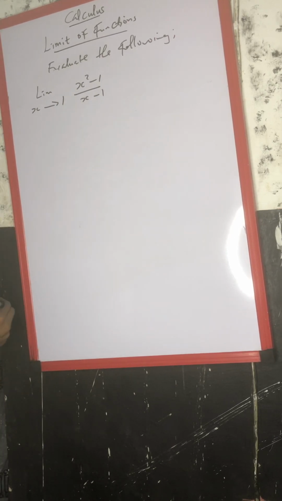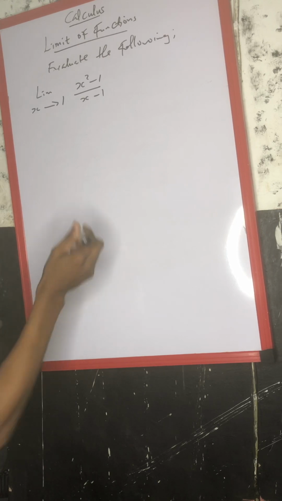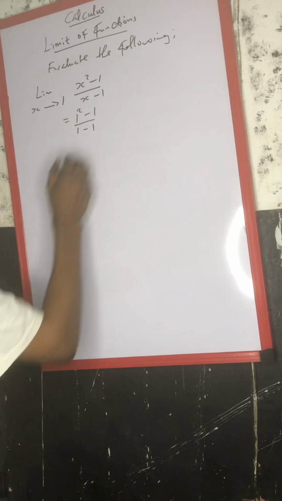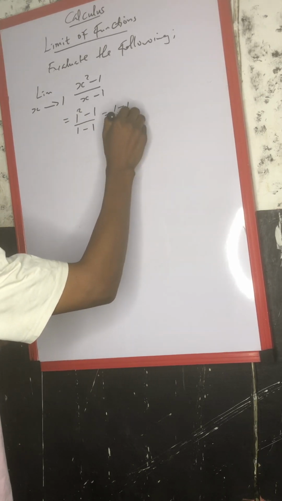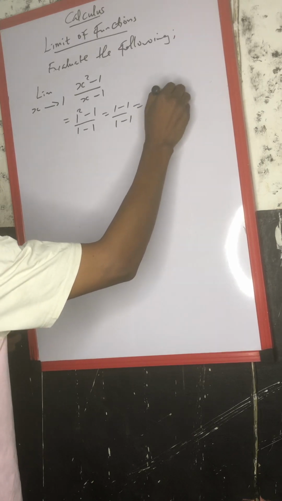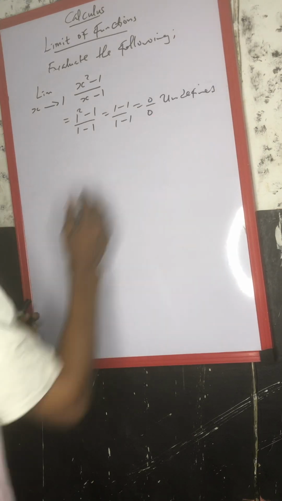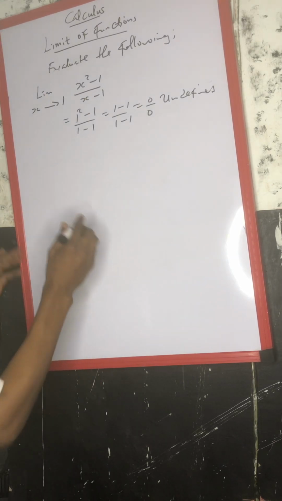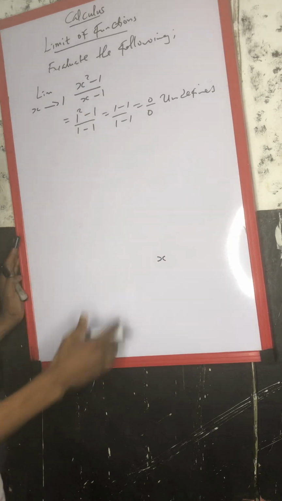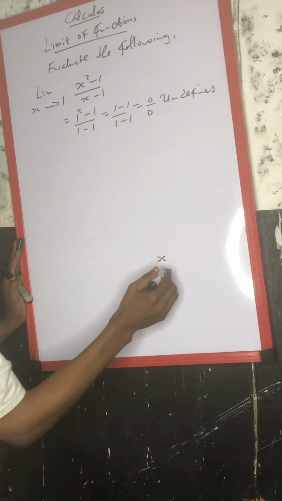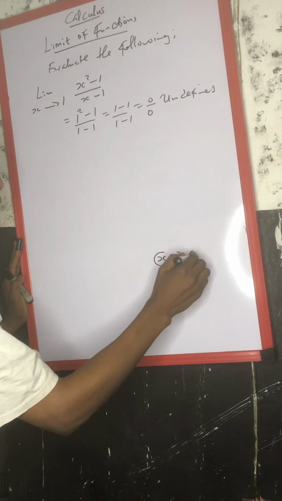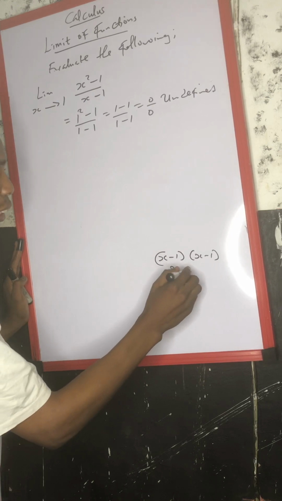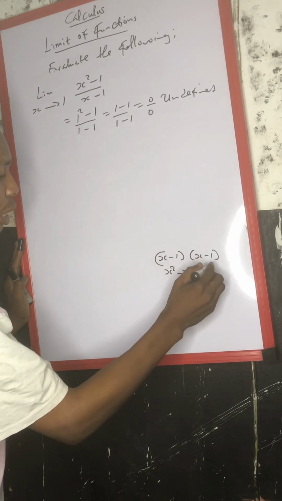Alright, we have the limit as x approaches 1. This is written as (1 squared - 1) over (1 - 1). So 1 squared gives 1, minus 1, over 1 minus 1. That is 0 over 0, which is undefined. Now if you observe, you can bring out a normal quadratic equation. So we have (s - 1)(s - 1). s times s gives s squared, minus s, minus s, then plus 1.